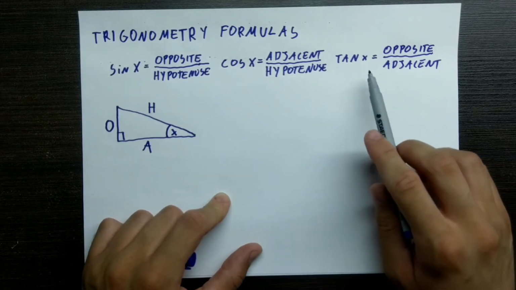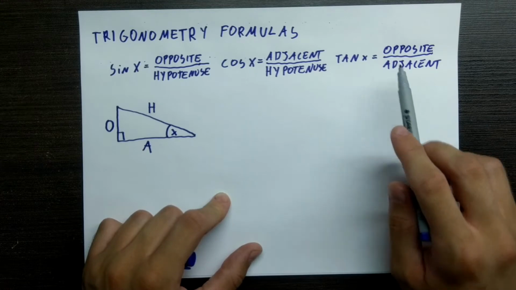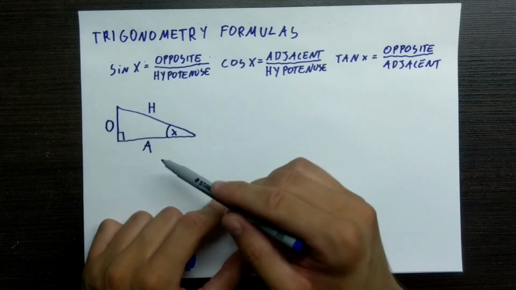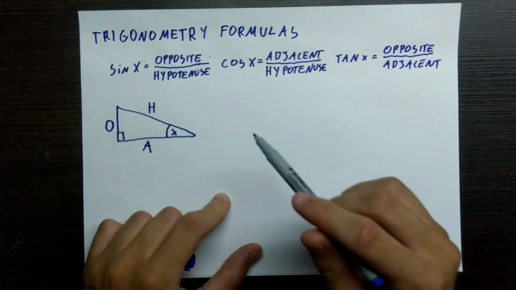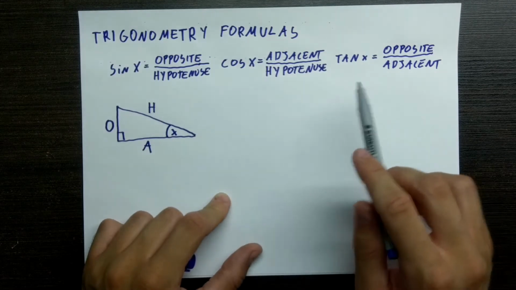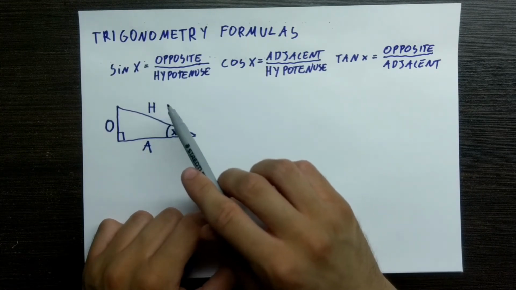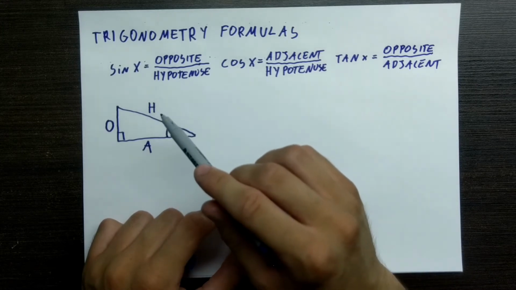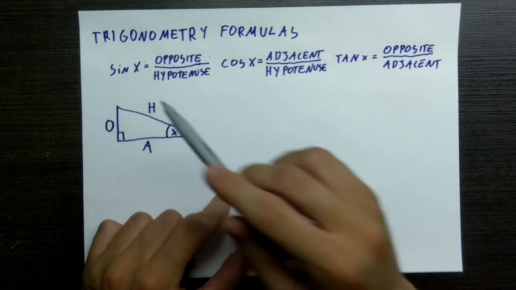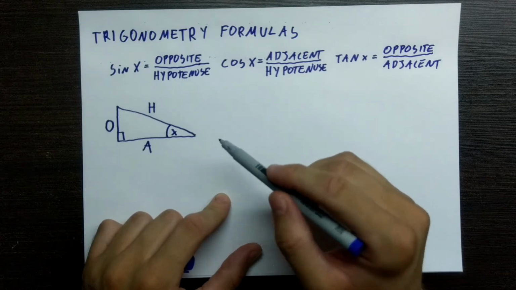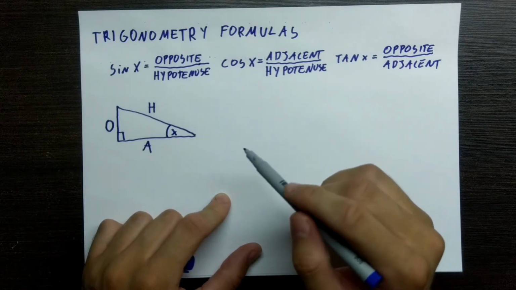Tan of angle x is equal to the opposite side divided by the adjacent side. So we have 3 formulas to choose from, depending on what information we are given.